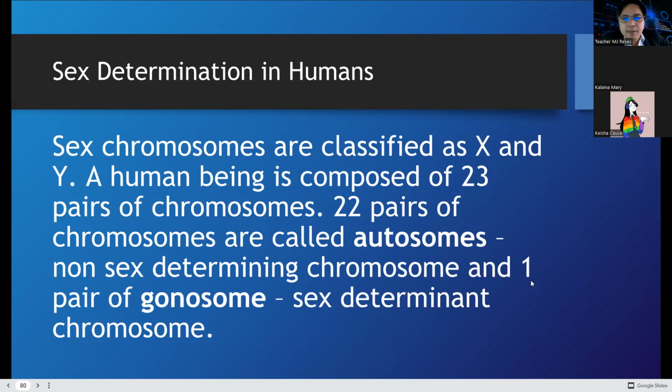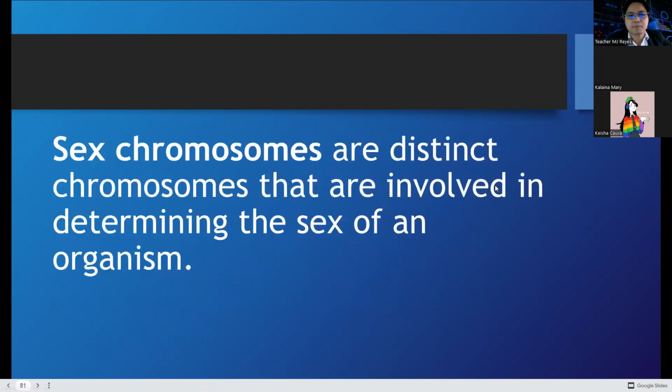Again, XX for female, XY for male. Autosomes are non-determinant chromosomes responsible for your physical attributes, while the one pair of gonosome is a sex-determinant chromosome. This will determine whether the organism is male or female, XX or XY.